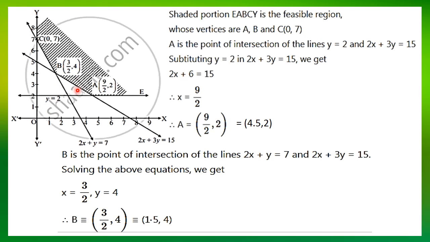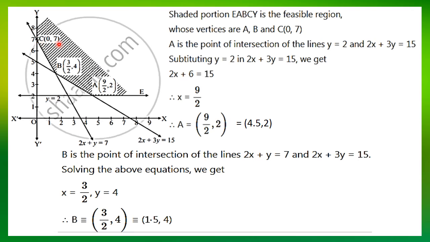Shading the non-origin side, we get the feasible region E, A, B, C, Y. Y is taken for reference only, that is the y-axis. So EABCY is the feasible region, and the vertices are E, A, B and C.